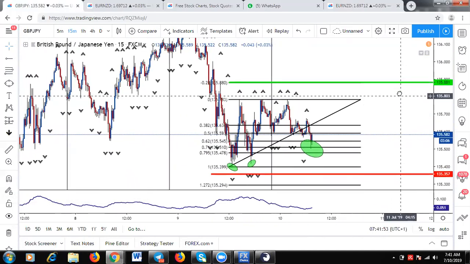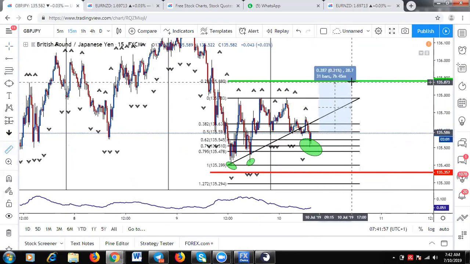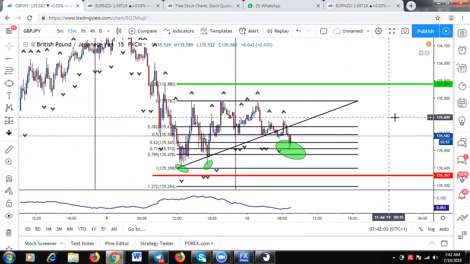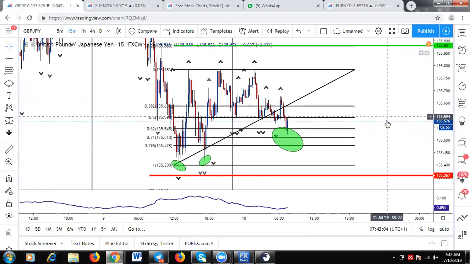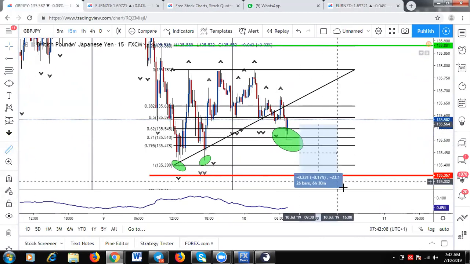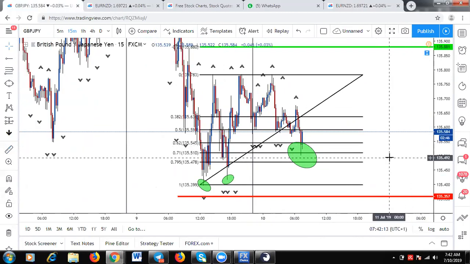So my first TP, I'm looking at 27 pips. I entered late, so I'm looking at 27 pips. Not a very good risk to reward ratio, but it works. Let's see how it goes.